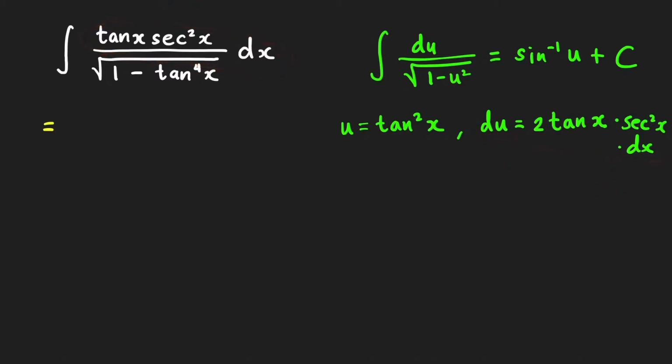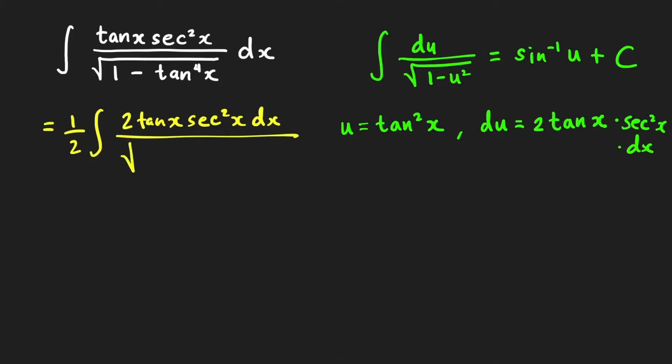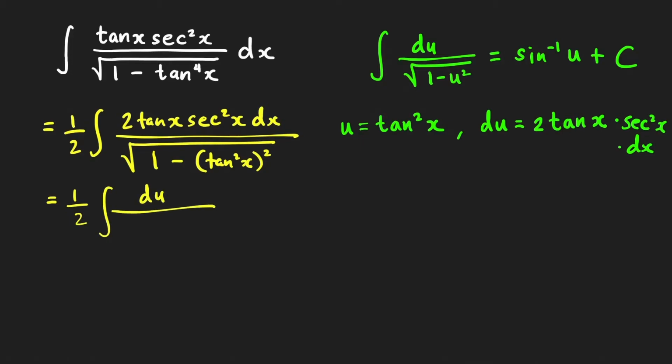Or we may write it also as 1/2 integral of 2 tangent x secant squared x dx over the square root of 1 minus the square of tangent squared x. And now we can replace the numerator already by du, and then the denominator by square root of 1 minus u squared.